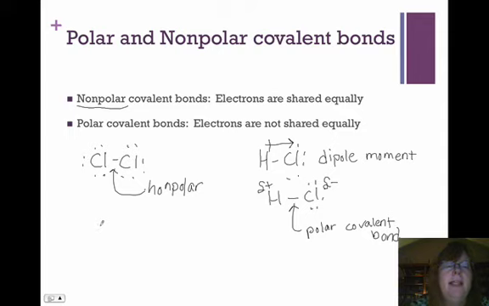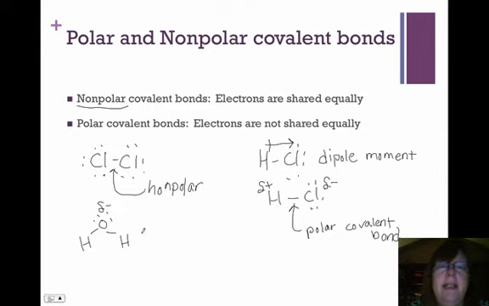In that last slide, we also drew water, and the oxygen in the water is more electronegative than the hydrogen. So that's what gives it its slightly negative charge, and then the hydrogen has the slightly positive charge. These covalent bonds are also polar because the electrons are not shared equally. And then in our carbon tetrachloride molecule, these shared electrons are not shared equally.